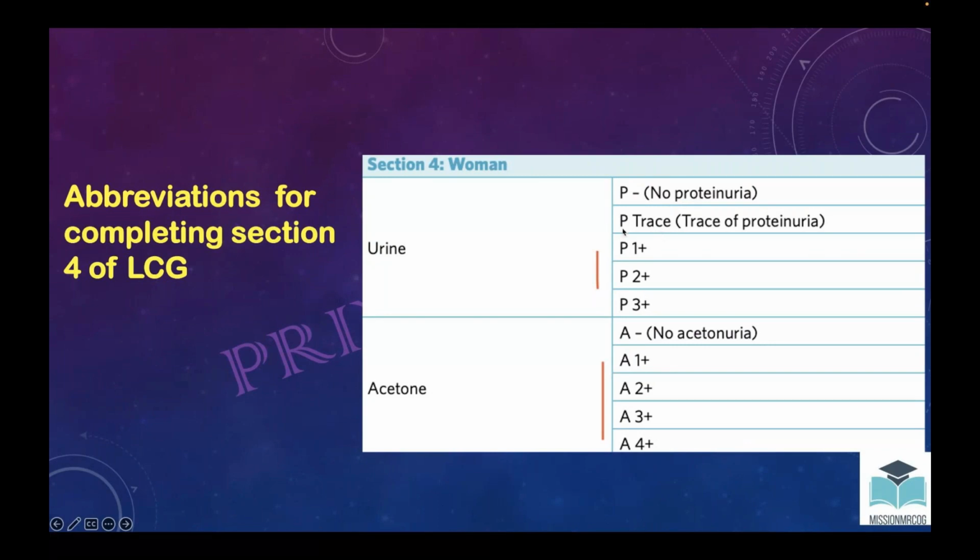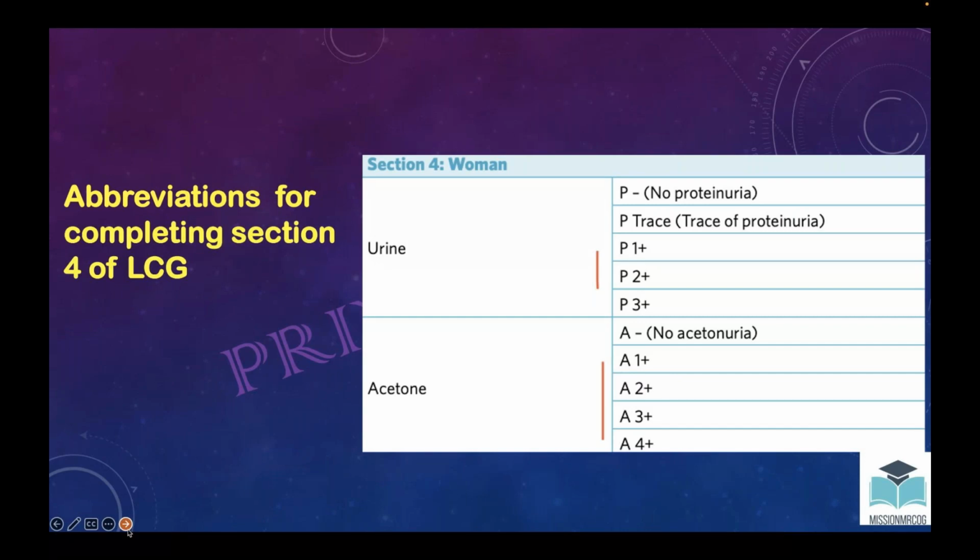P trace is trace of protein. Then +1, +2, and +3, that we already know. Urine acetone: A minus, no acetone. Then +1, +2, +3. So these are the abbreviations for filling section 4 of LCG.